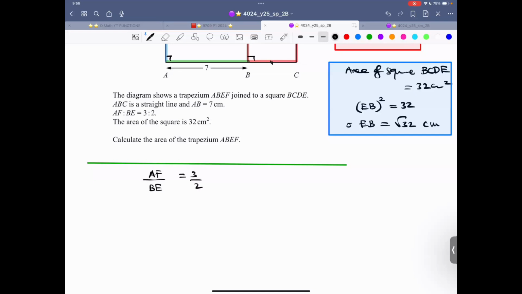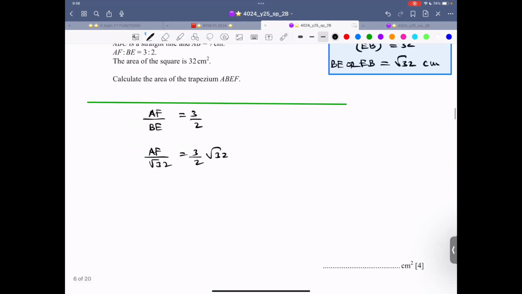BE or EB, it's the same thing. This is AF over root 32 is 3 over 2 root 32. So therefore, I have to take this to the other side. Therefore, AF is 1.5 root 32. That is the third thing that I got.